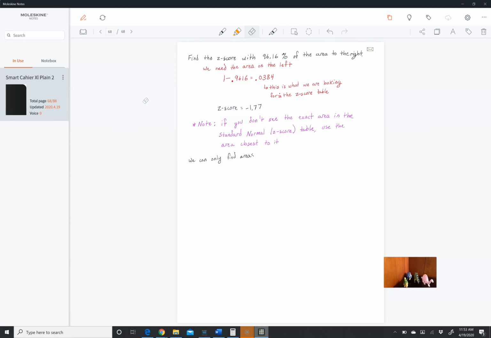So we can only find areas, z-scores, so an interval of z-scores, if they are centered around the mean or about the mean.